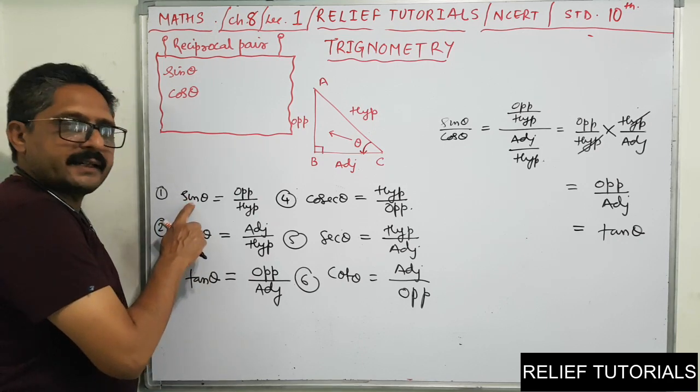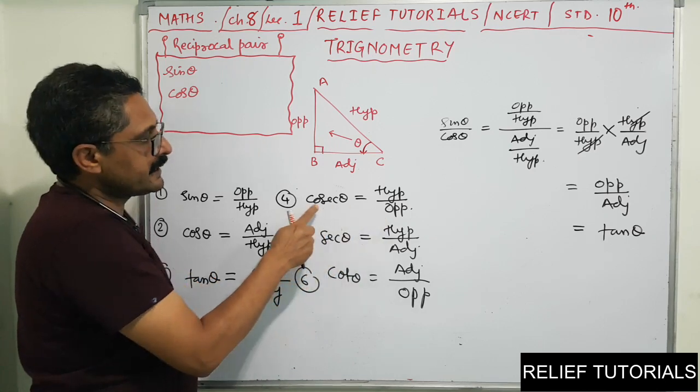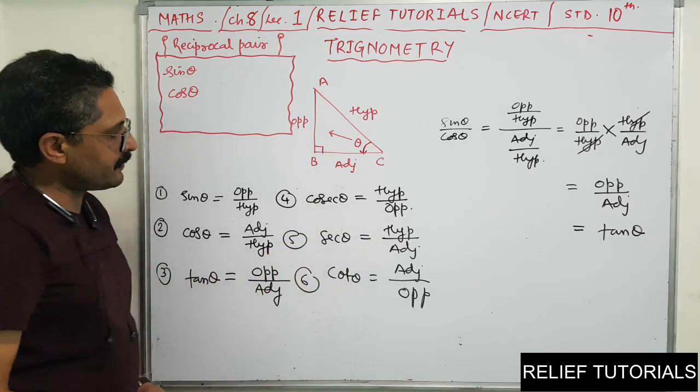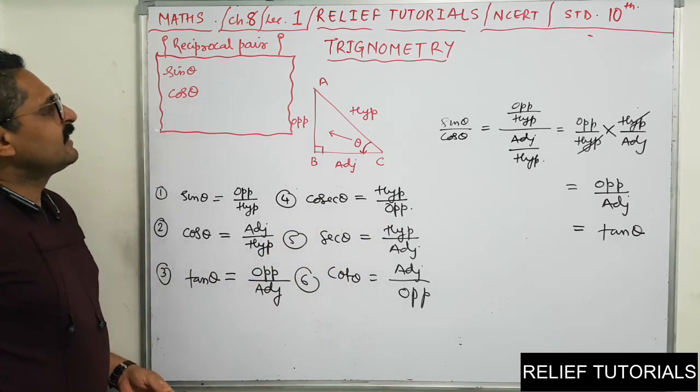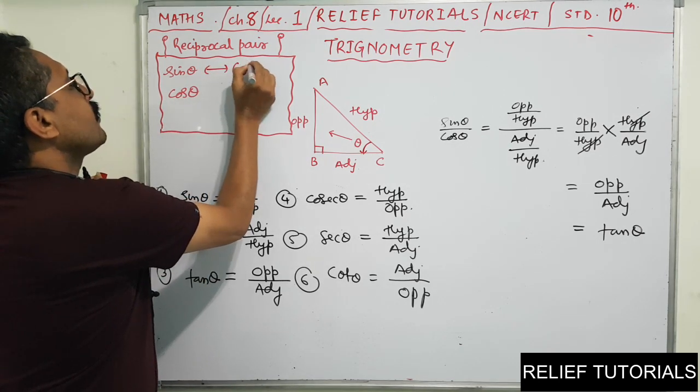Now reciprocal of sin. Sin is opposite upon hypotenuse, its reciprocal is hypotenuse upon opposite, which is cosec. So reciprocal of sin theta is cosec theta.